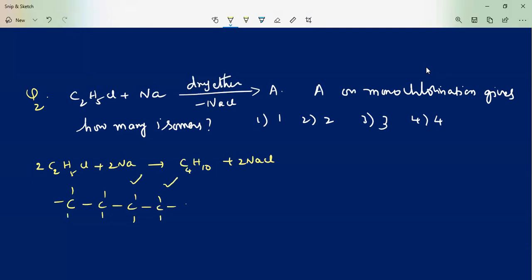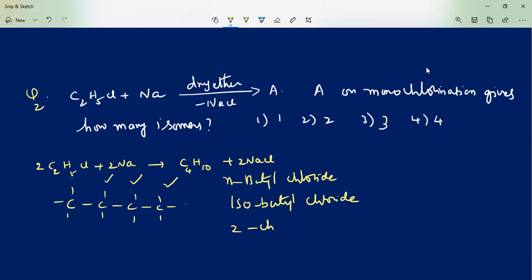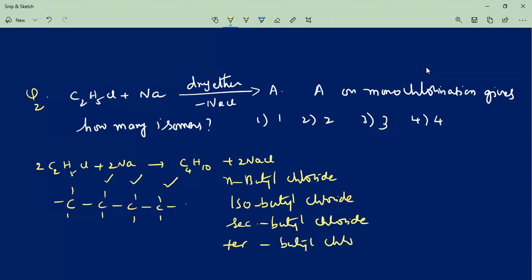If you do monochlorination, the possible products are n-butyl chloride, isobutyl chloride, secondary butyl chloride, and tertiary butyl chloride.